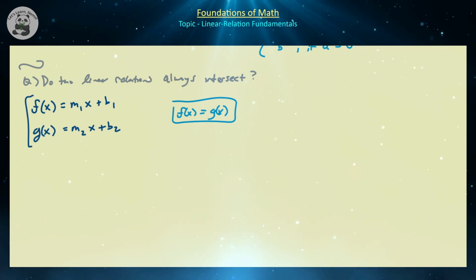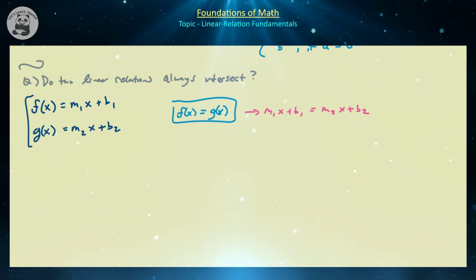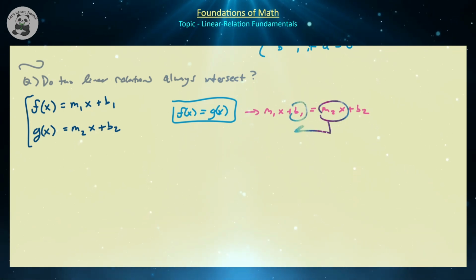If f of x is equal to g of x, then m1x plus b1 is equal to m2x plus b2. So if these two y values are indeed equal to each other, what must x be equal to, or what must b and m satisfy? What I can do is move my x term to the left-hand side, and move my b term to the right-hand side via subtraction.